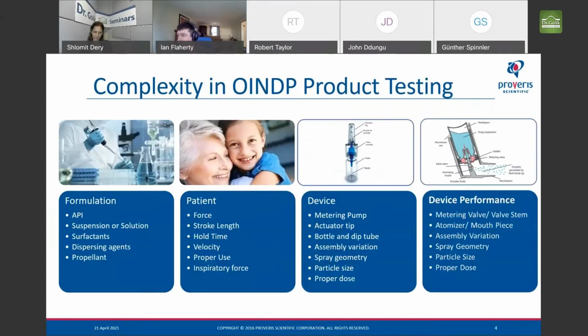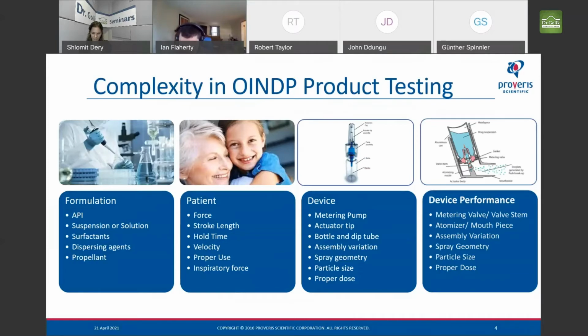OINDP products are extremely complex to develop, mainly because you have to worry about three main areas: the formulation, the device itself, and how the patient uses it.